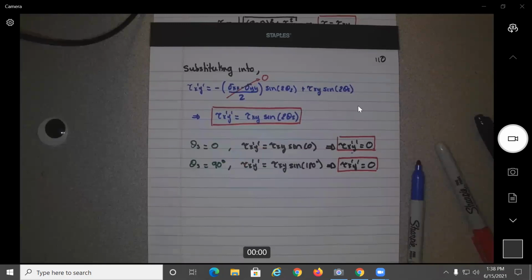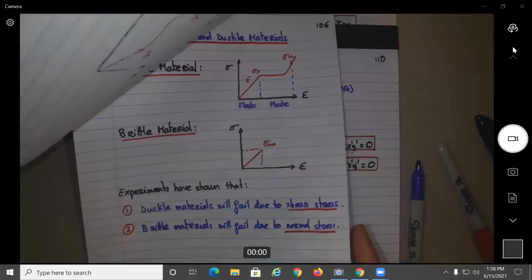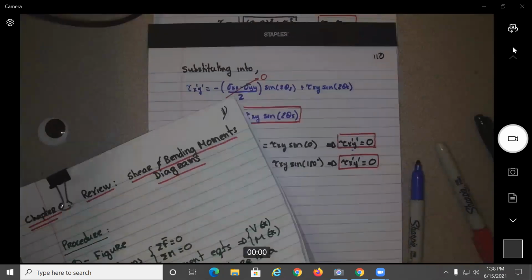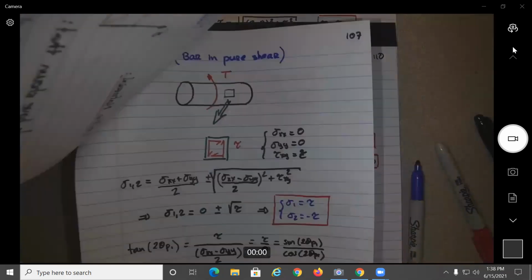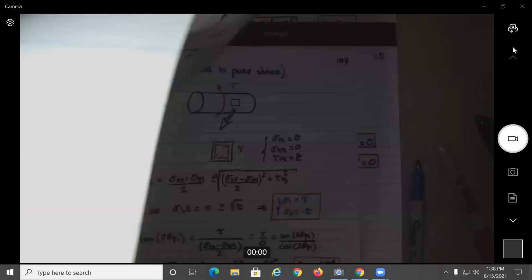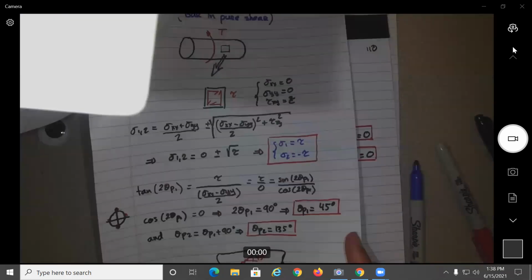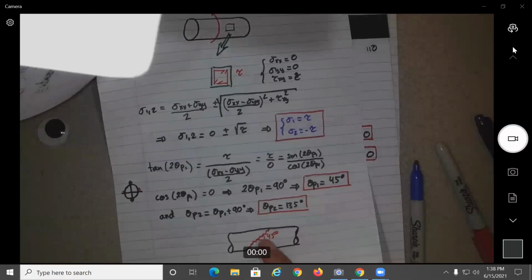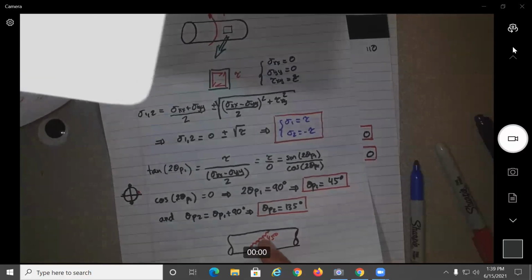So the same thing as we had on the previous lecture, that we wanted to prove that brittle materials will fail due to normal stresses. We did solve the problem for pure shear of, let's say, a shaft, and we concluded that if you apply torsion on it, it will fail at a 45-degree angle.